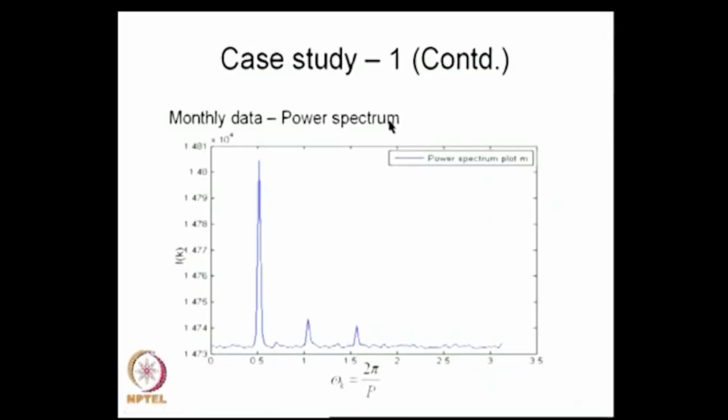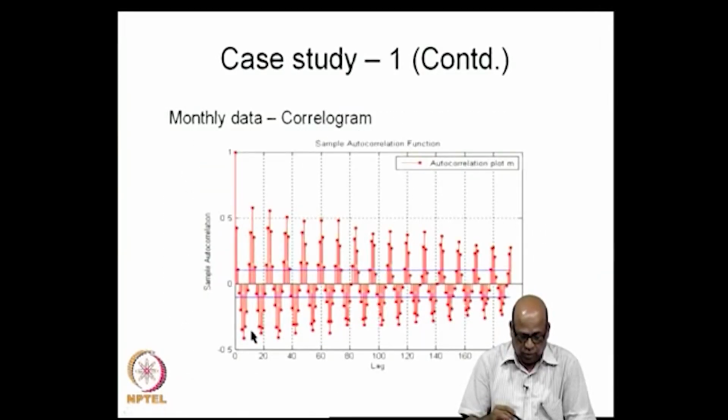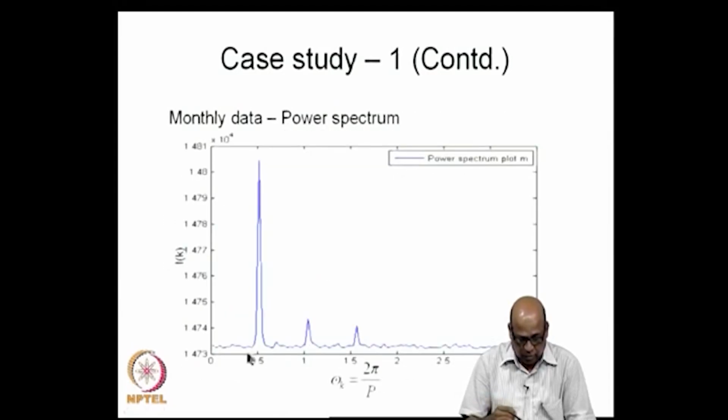Now, for the monthly data, we look at the power spectrum. The correlogram indicated that there is a certain periodicity, and we suspected a periodicity corresponding to 6 months, 12 months and so on. This indication is strengthened by the power spectrum.